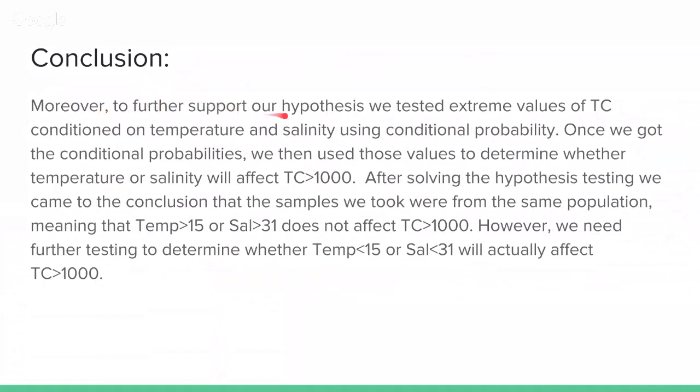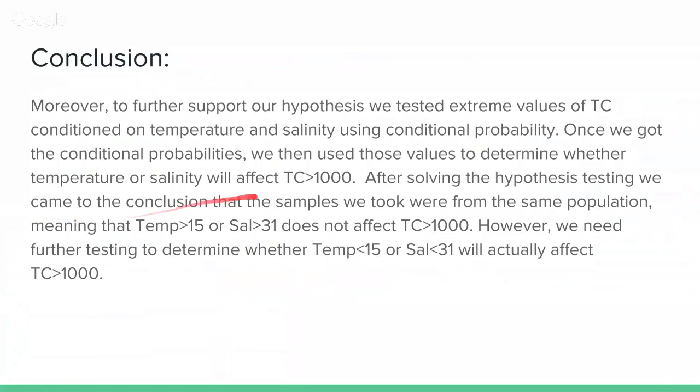Moreover, to further support our hypothesis, we tested extreme values of TC conditioned on temperature and salinity using conditional probability. Once we got the conditional probabilities, we used those to determine whether temperature or salinity will affect TC being greater than 1,000. What we got was that temperature and salinity barely affected TC being greater than 1,000, as seen on our conditional probability graph.